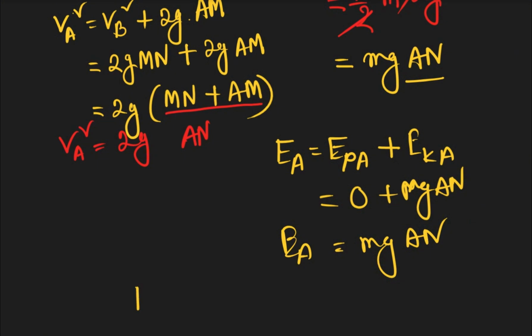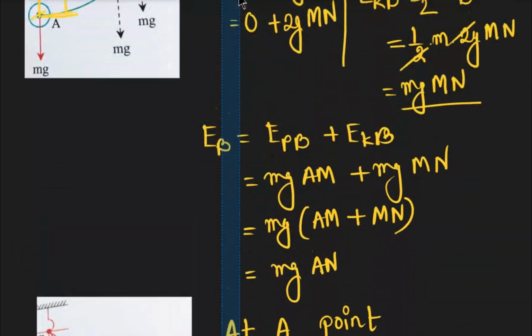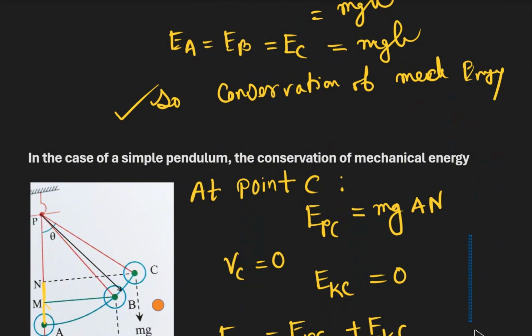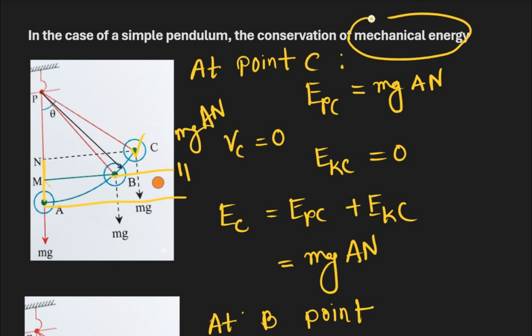So at every point we found that EA equals EB equals EC equals mg AN. So the law of conservation is maintained at every single point because the mechanical energy at every point is equal. So at point C, mg AN, at point B, the same mg AN, and at point A as well, mg AN. So the law of conservation is maintained for this simple pendulum.